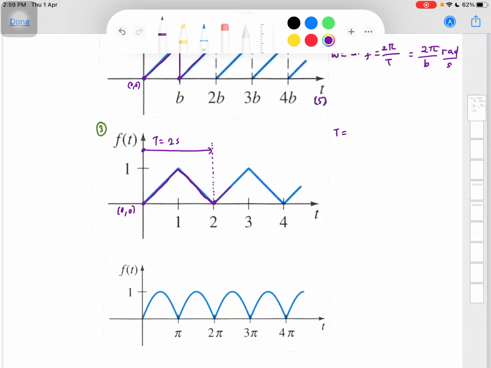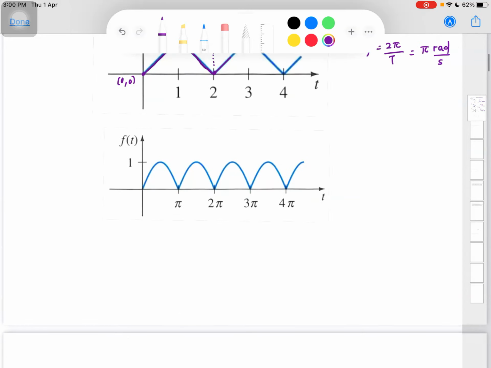The fundamental frequency is 1 over T, so 1 over 2 hertz, and omega, or radian frequency, is 2 pi f or 2 pi over T, so it will be pi radian per second.